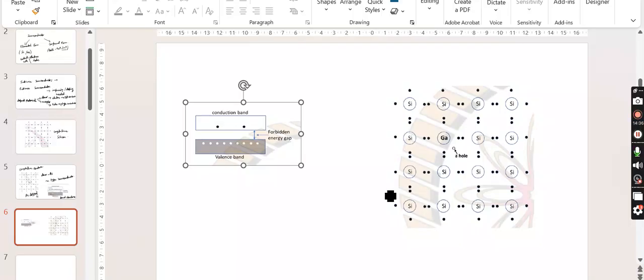With the 3 electrons, it forms a bond with the 3 neighboring silicons. But it needs to form a bond with another silicon, the 4th silicon. For that, it needs to accept an electron from the silicon structure, and by doing that, it generates a hole. So that is why it is called an acceptor.